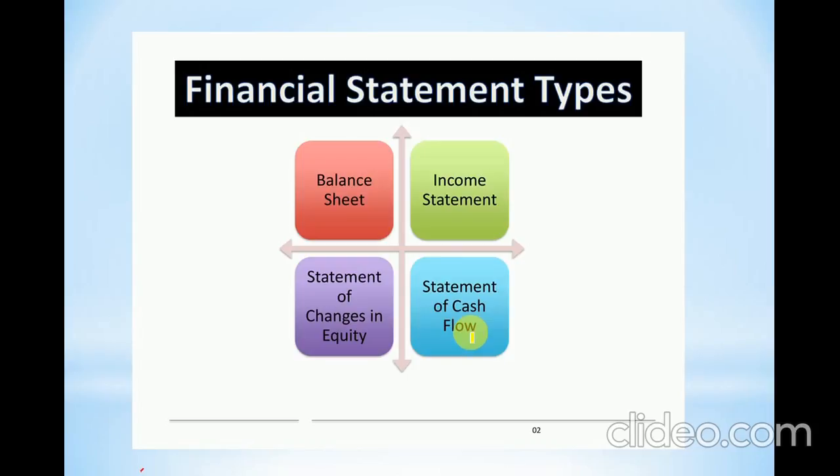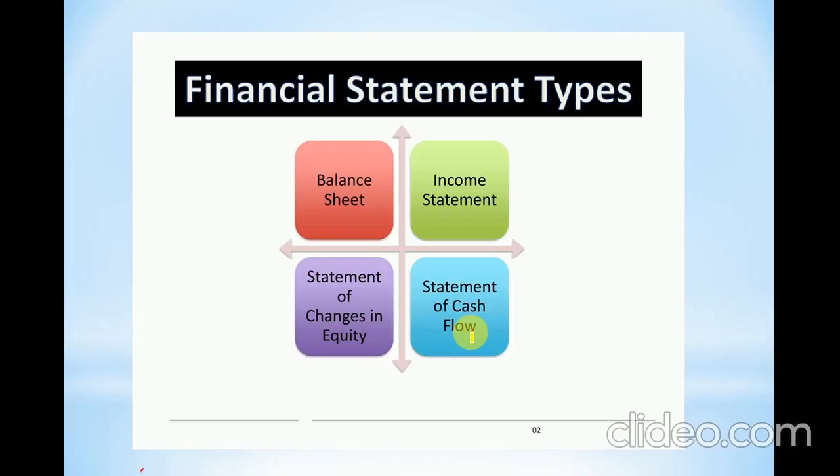Actually, the financial statements are primarily of two types. One is the positional statement and the other is the income statement. The positional statement means the balance sheet, and the income statement means what? The profit and loss account.